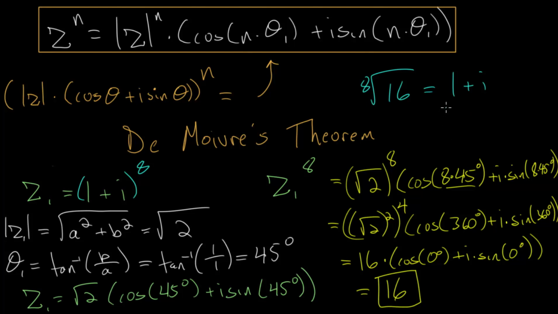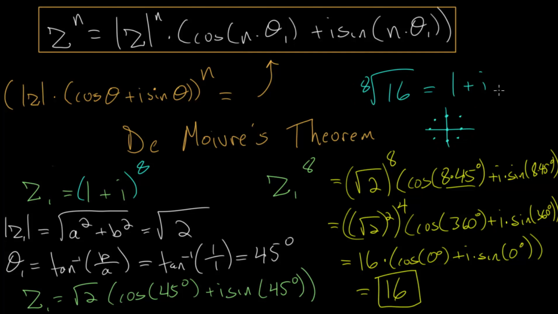And what we'll see is that if we were to plot these solutions on the complex plane, they are all evenly spaced in a circle around this complex plane. 1 plus i being 1, but also the square root of 2 times i. We have these points right here where all of these points are the square root of 2 away from the origin, but there would be 8 different solutions.